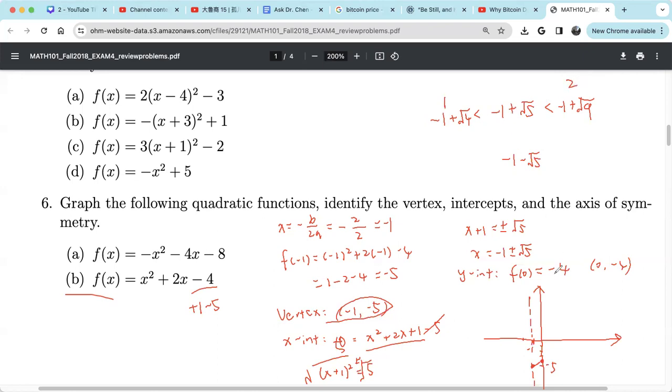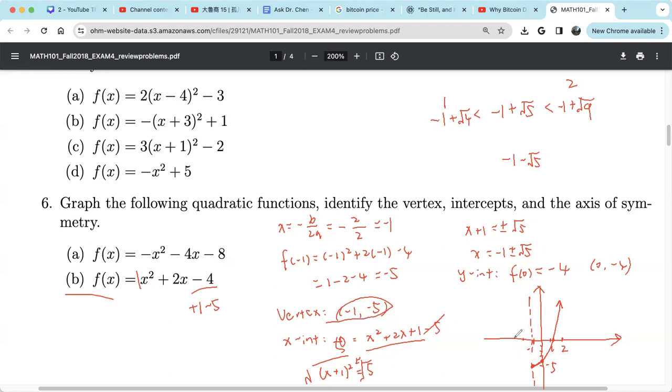So it's in between 1 and 2. So this is 1, and this is 2. And closer to which side? Square root 5 is closer to square root 4, so we mark a point here. So this is a vertex going through the y-intercept, going through the x-intercept upwards, right? Because the leading coefficient is positive 1, an upward parabola.